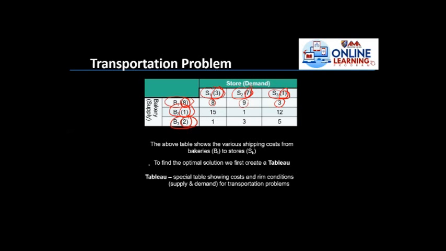Now, if o-order si store 1 kay bakery 1, magde-deliver siya ng 3 units of bread, it would cost store 1 8 units. Pag si S1 naman o-order kay bakery 2, 15 units ang mahal. Pag sa bakery 3 naman siya o-order, 1 unit lang.